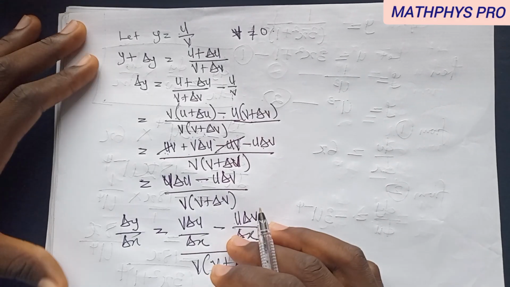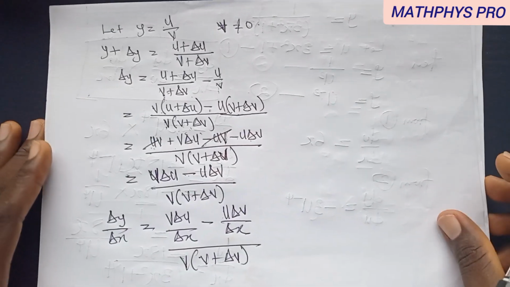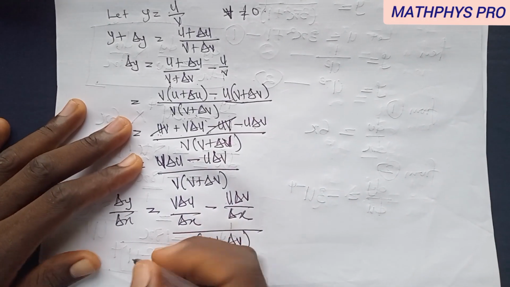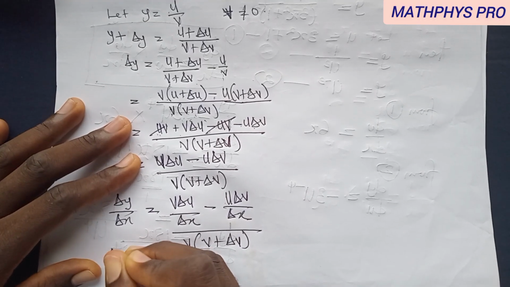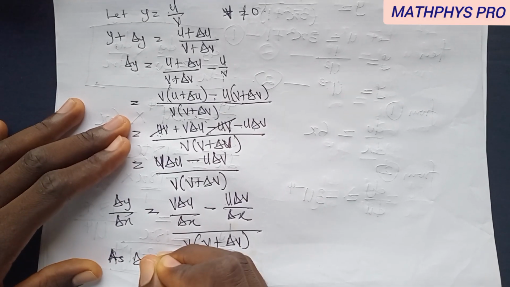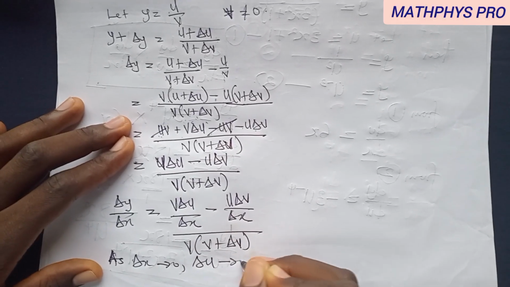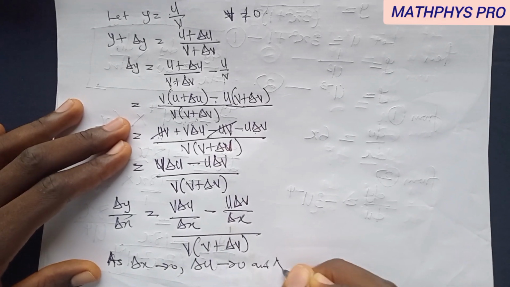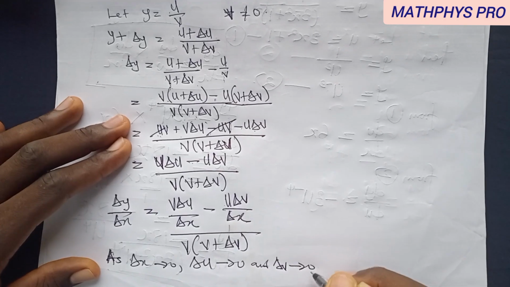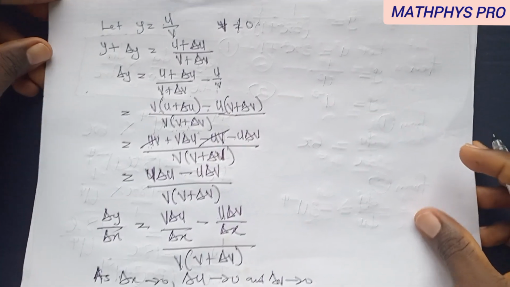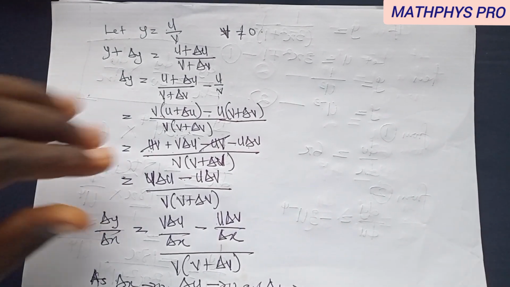So now don't forget that as change in x tends to 0, likewise change in u will tend to 0, and change in v will also tend to 0. And now we can take the limit when change in x tends to 0.